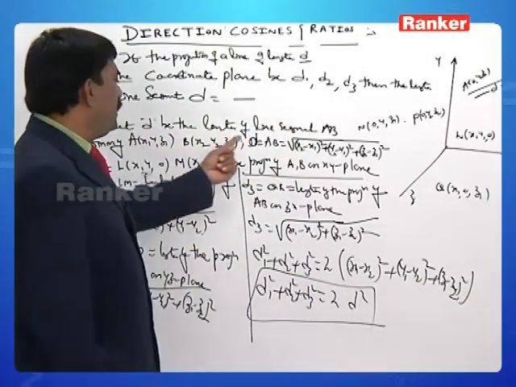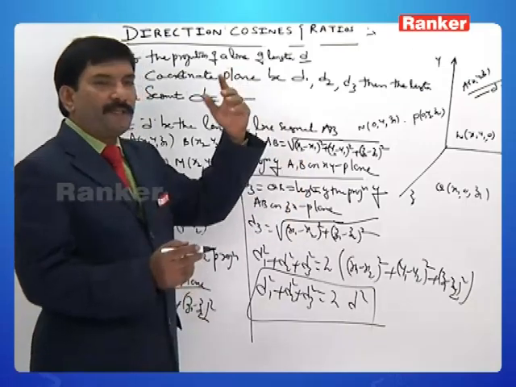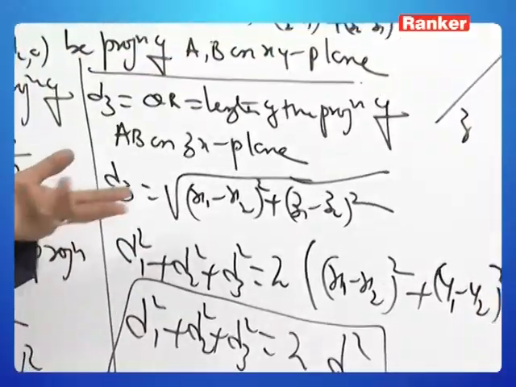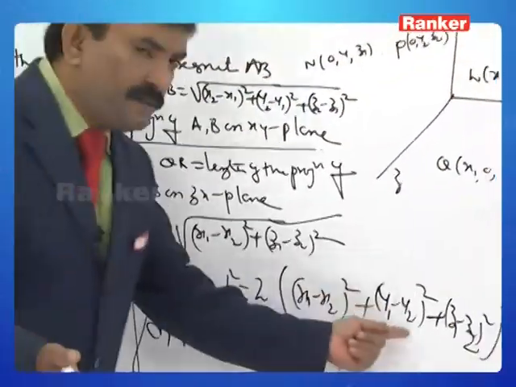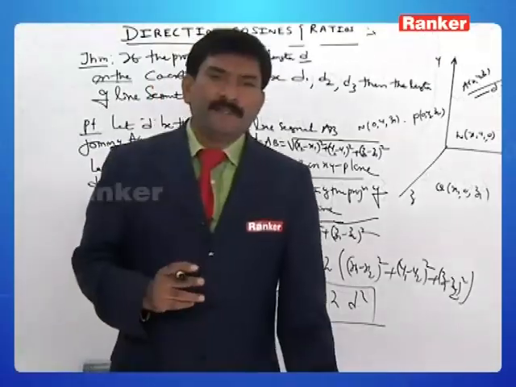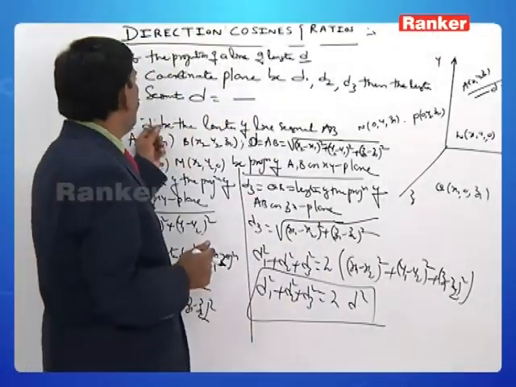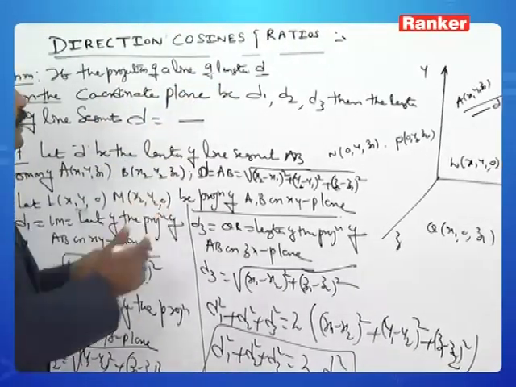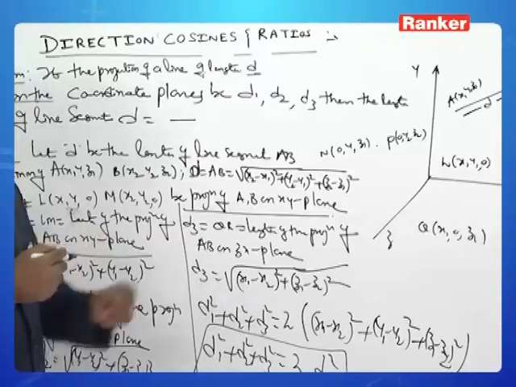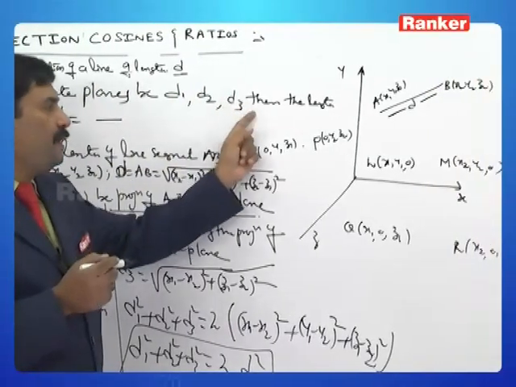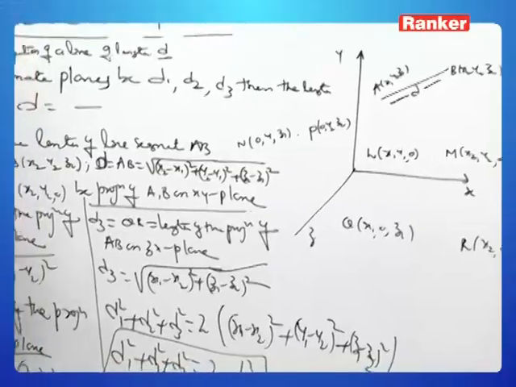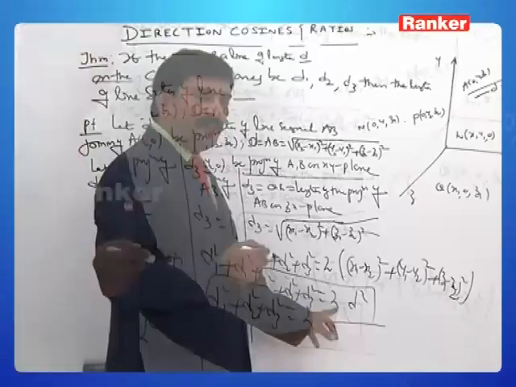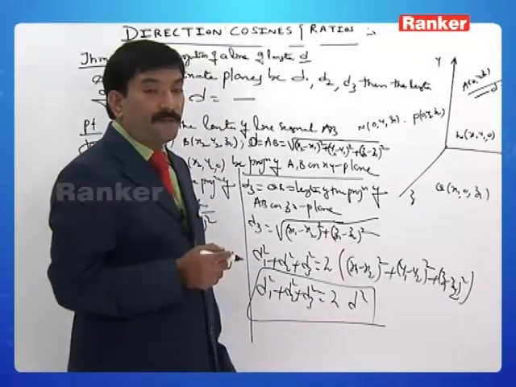That is, d is the square root of x2 minus x1 whole square plus y1 minus y2 whole square plus z1 minus z2 whole square. This is the same as d square. So hereafter, remember: if the projections of a line of length d on the coordinate planes are d1, d2, d3, then the length of the line segment is given by 2d square is equal to d1 square plus d2 square plus d3 square.